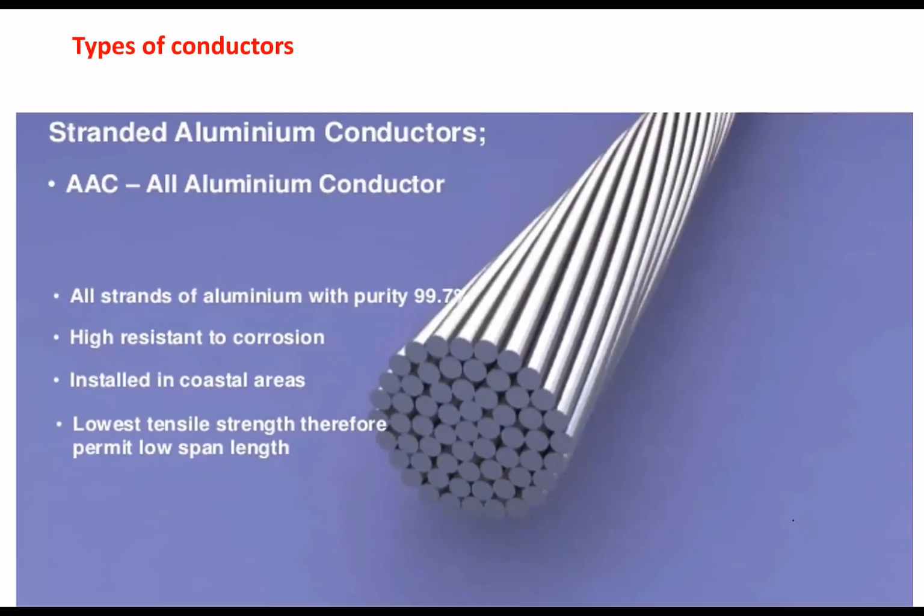Now, stranded conductors. The disadvantage of solid conductors is that we cannot bend them and they do not have flexibility. For overhead transmission and distribution, we require conductors that are lighter in weight. What are the things we require?